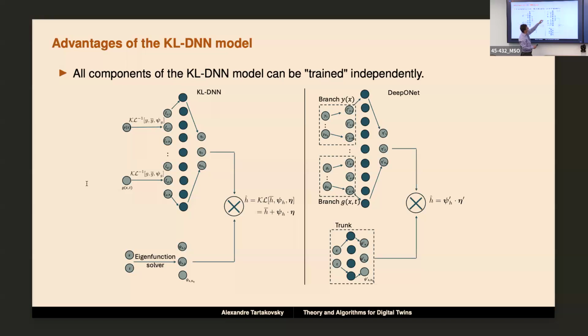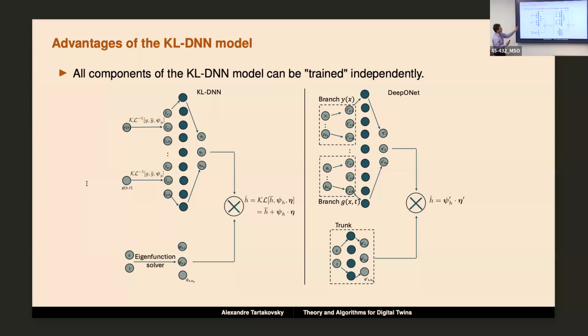For our approach, this branch will have many sub-branches, one sub-branch for each control variable. The outputs of these sub-branches are connected to the main branch neural network. And now all these neural networks must be trained jointly using our large full data set.